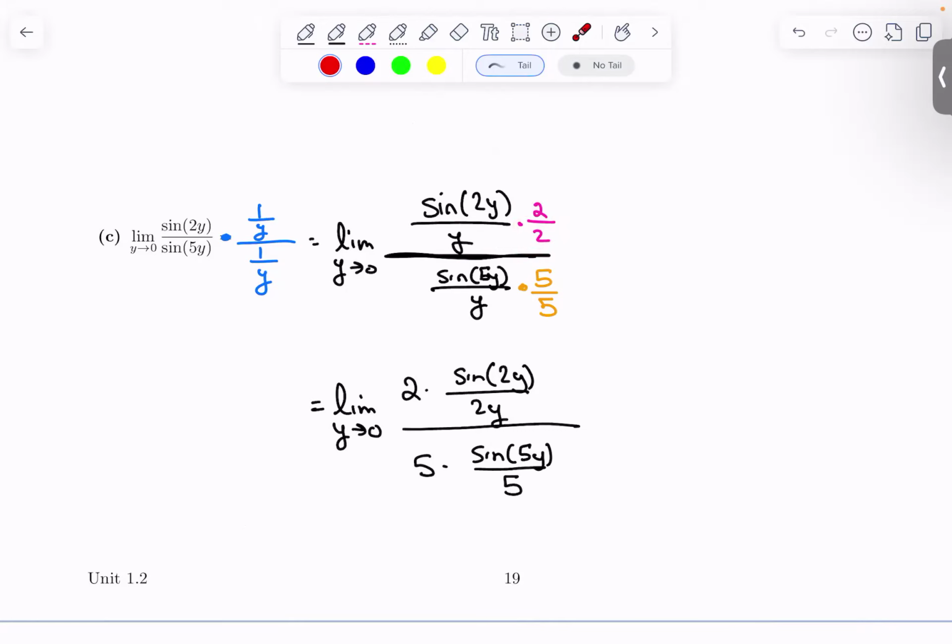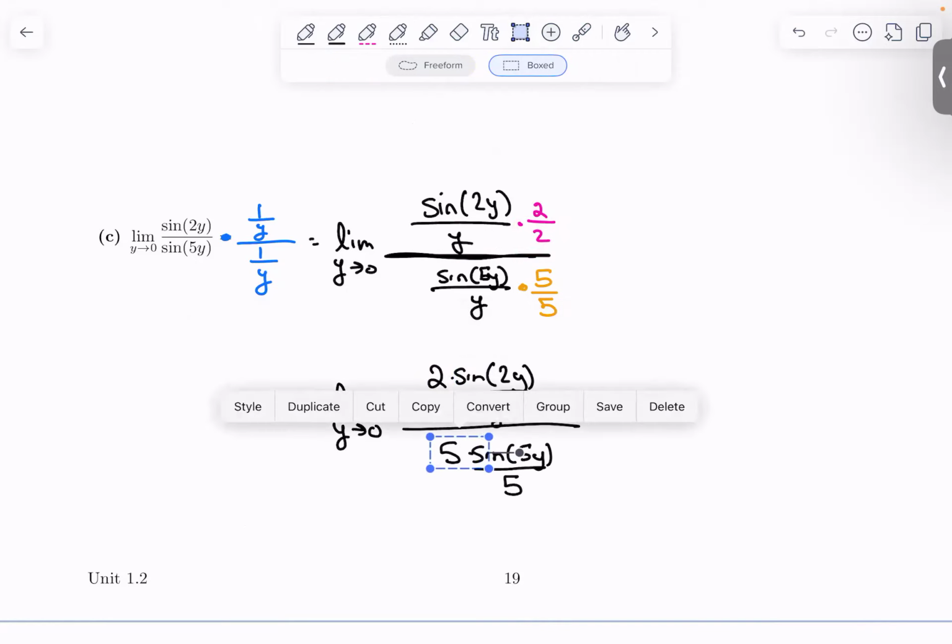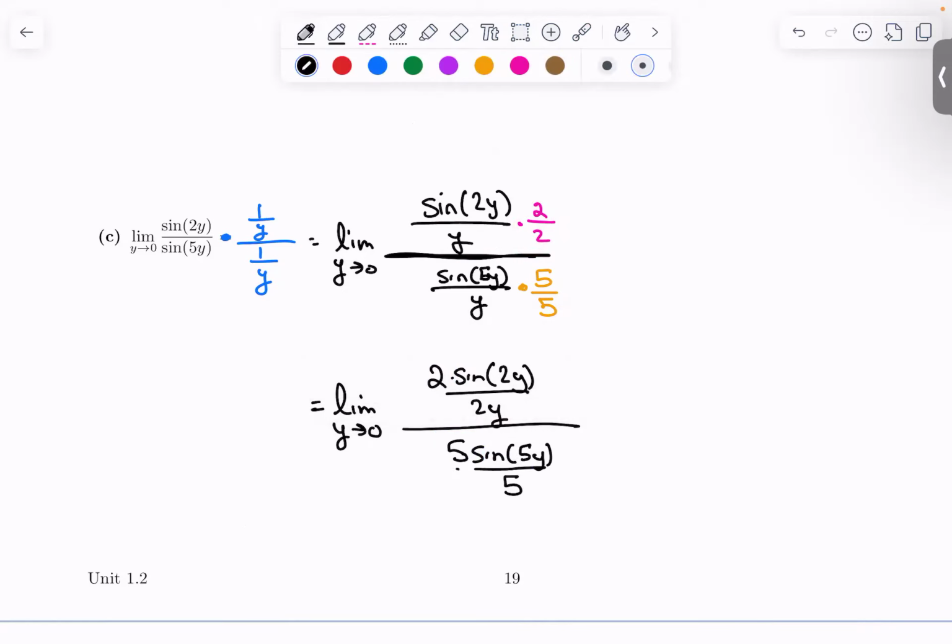And the same argument goes for the big denominator, the sine 5y over y. And then I suppose I could just bring this up here if I wanted to, and bring this up here. Actually, I'm just going to go like that. And then it's maybe a little more approachable.